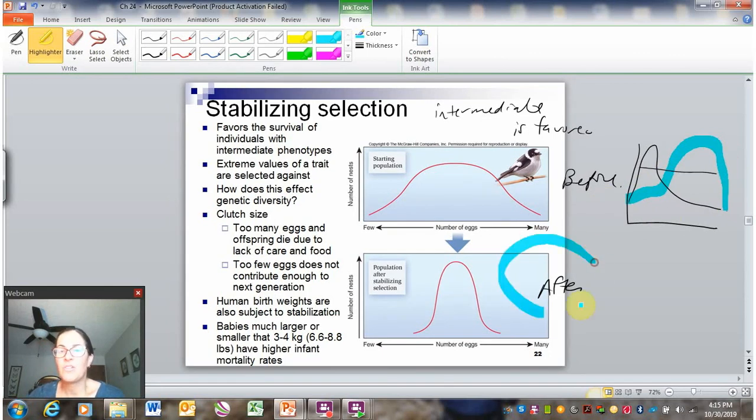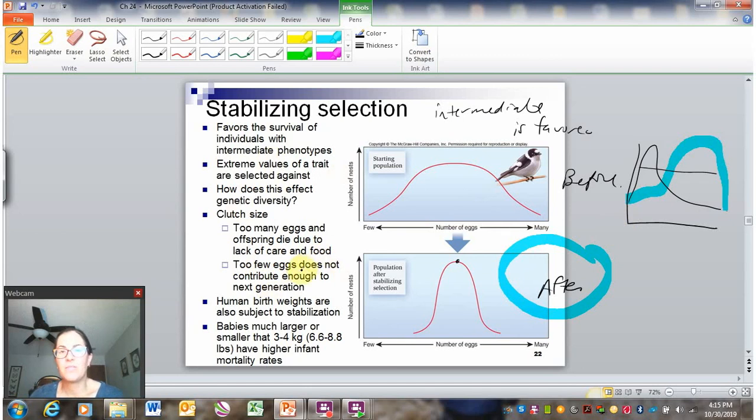Again, the after is what matters. In the after, we're seeing everybody come to this intermediate phenotype. Notice in all my before graphs, though, I had to have variation, right? So you always have to have variation in your starting point in order to get natural selection to occur. Or in other words, whatever your favored phenotype is has to be present in your initial population, okay?